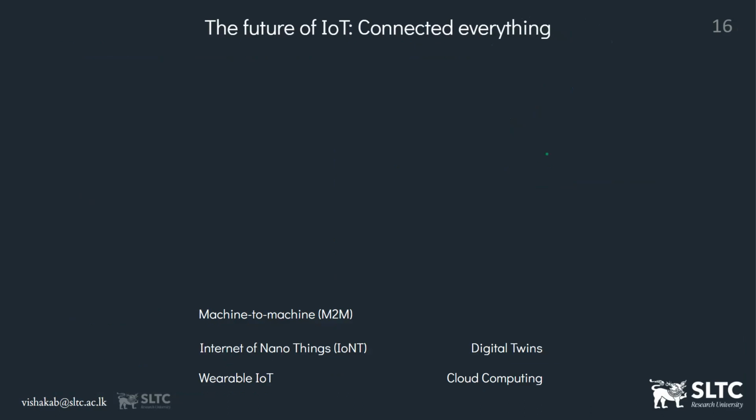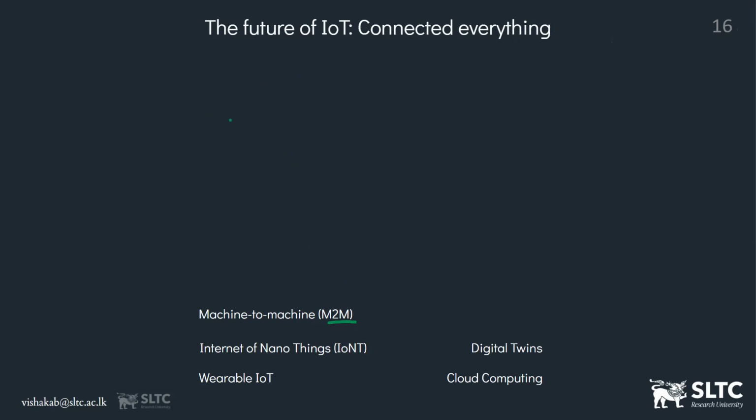And then when we talk about the future and what IoT will be developed into, we can see that we will have many innovations with regard to IoT. So we will have machine to machine communications.